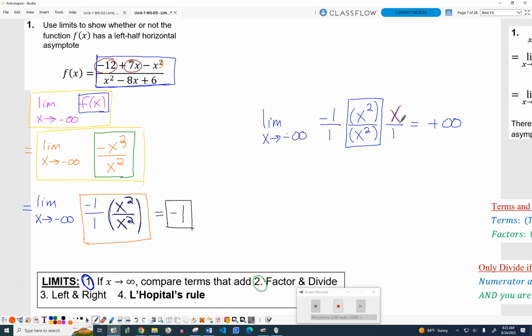The y coordinate doesn't compute to be a number, it just keeps growing. So as x becomes very, very negative, y becomes very, very positive, because negative 1 times a very, very negative number would be a very, very positive number. Let's hope that's helping.